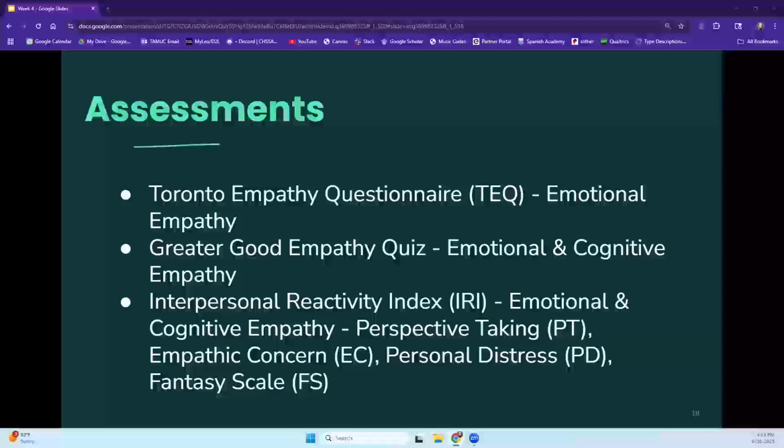So the ability to adopt others' points of view. Empathetic concern, which is an emotional empathy component, so feelings of warmth, compassion, and concern for others. Personal distress, which again is an emotional empathy component, but more self-oriented. So you get feelings of anxiety and discomfort in response to other people's distress, right?